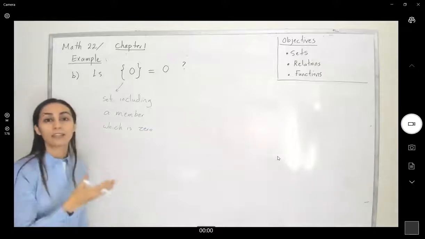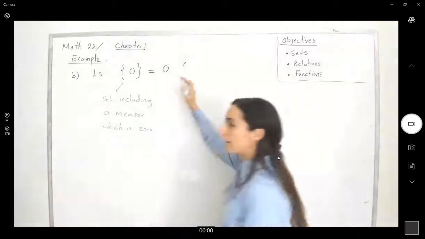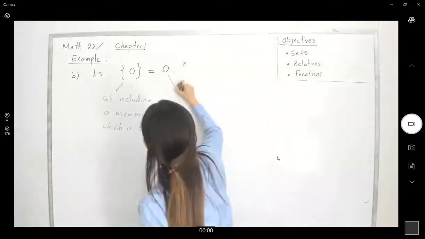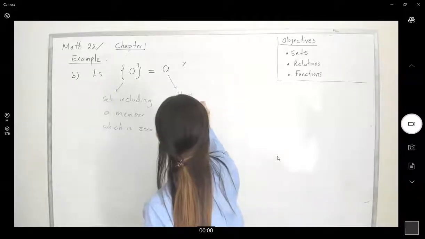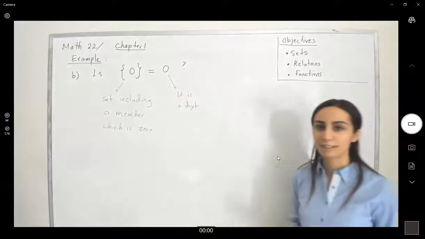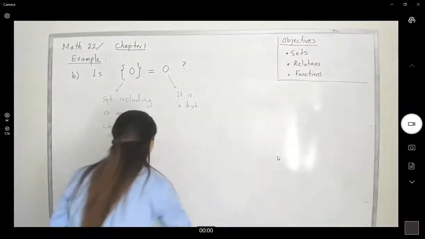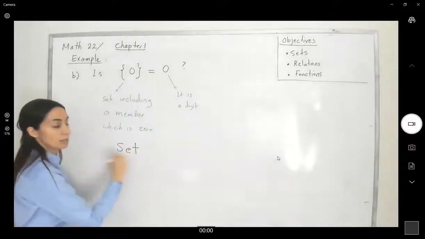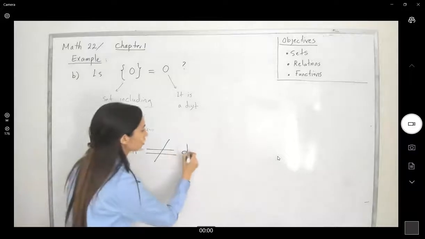So the entity on the left-hand side is a set. The entity on the right-hand side, however, is just a digit. Is a digit equal to a set? The answer is no. So set in general is not equal to a number or a digit.